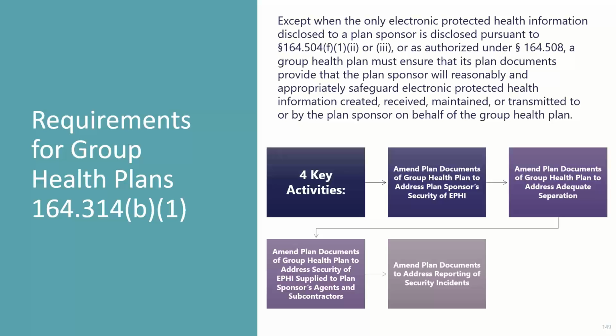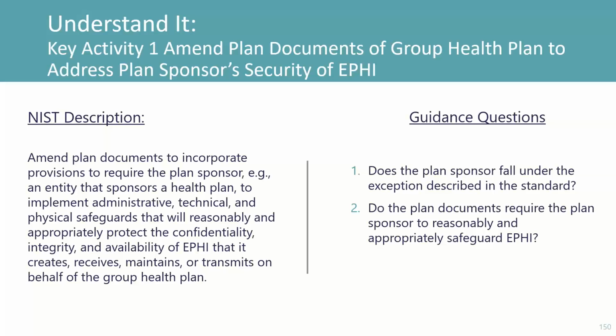Plan documents should always address reporting security incidences, and they should always address business associates and subcontractors. Business associates quite often use subcontractors. So one of the things is, if you can check your plan documents and make sure there's some verbiage in those plan documents regarding HIPAA, that is always important.